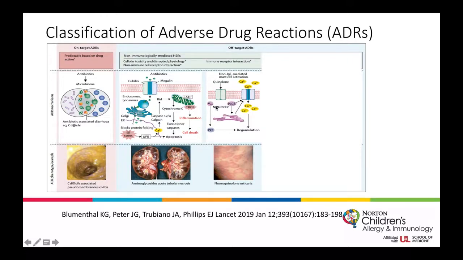So MRGPRX2 is very famous in the allergy world. You all may have heard of vancomycin, red man syndrome, radiocontrast media. All of those drugs, and fluoroquinolones actually, interact with this receptor MRGPRX2 and cause mast cell degranulation, or release of mast cell mediators, independent of IgE.